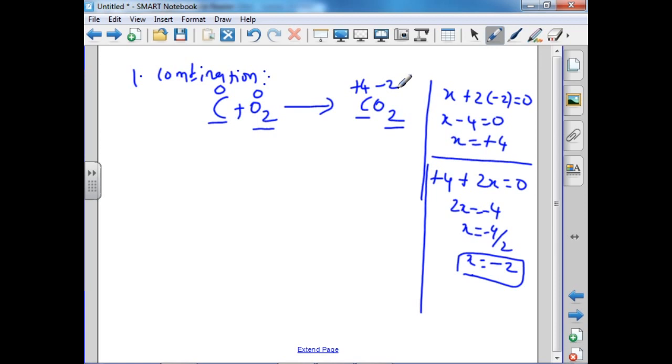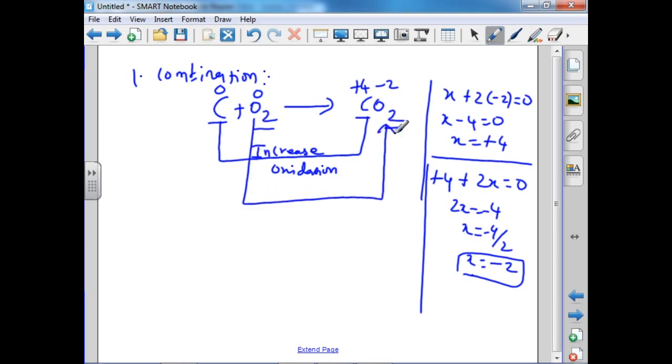So carbon changes its oxidation state from 0 to plus 4, an increase in the oxidation number, so carbon is oxidized. The next one is oxygen, 0 to minus 2, a decrease in the oxidation number, so it is a reduction process. So oxygen is reduced.